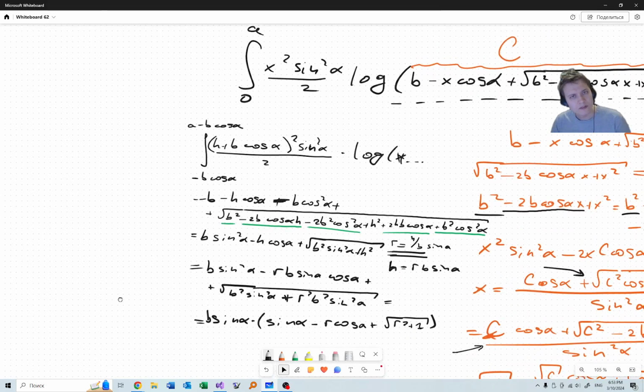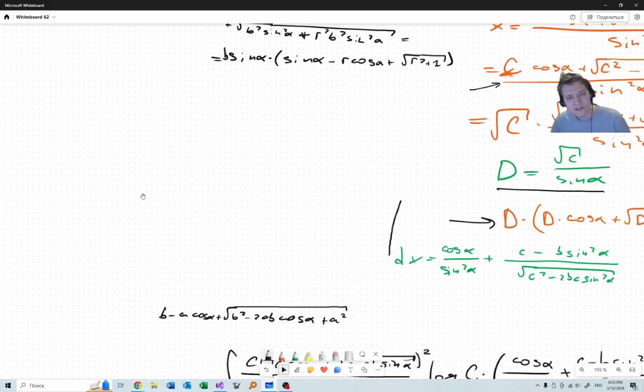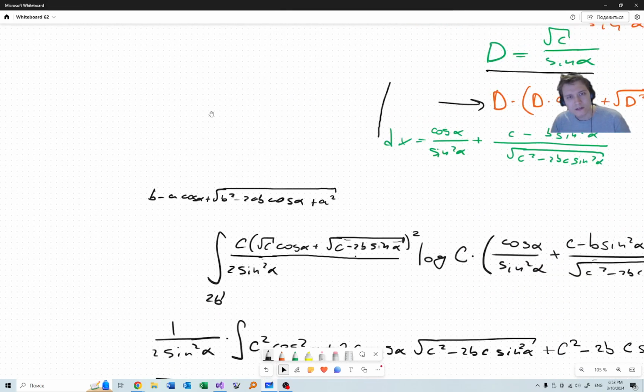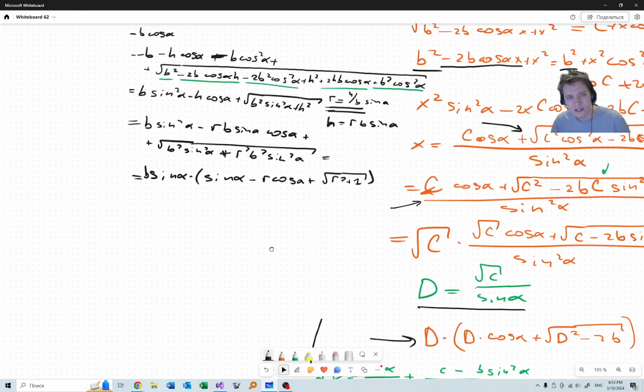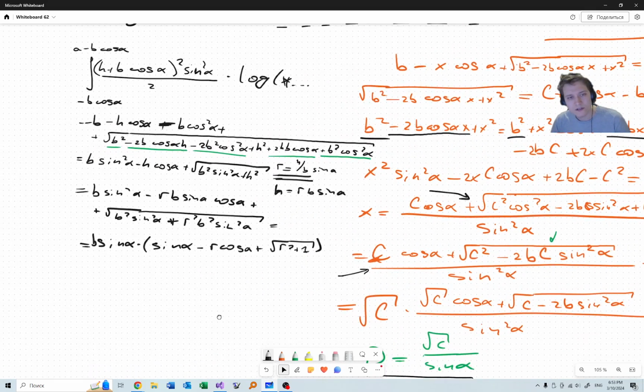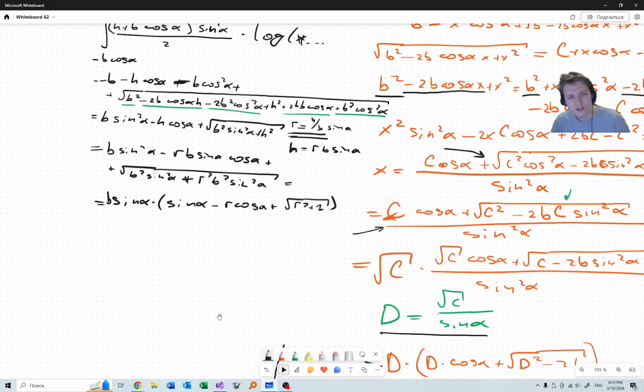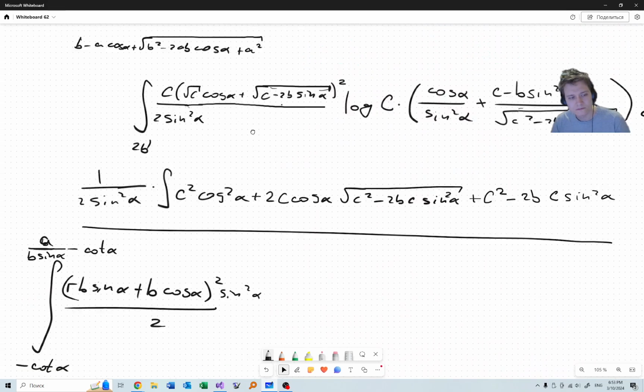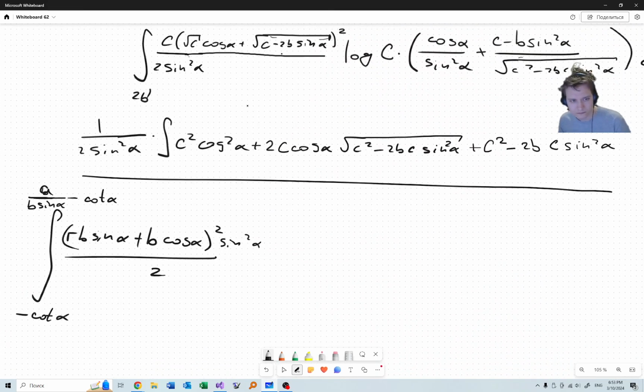And also we need to multiply by dx, which is now dh, and dh is dr b sine alpha. So we need to multiply by b sine alpha. Okay.